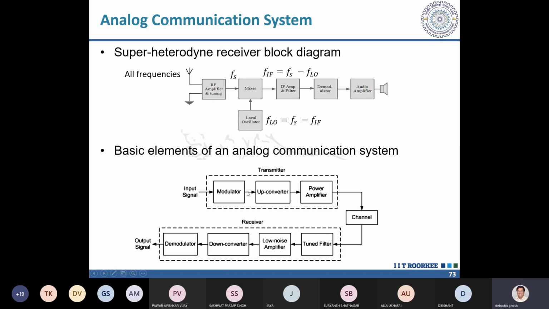On the transmit side it is message signal frequency to FIF and then FIF to FS. Here it is FS to FIF and then you do the demodulation to the message signal frequency. These are the basic elements of an analog communication system.